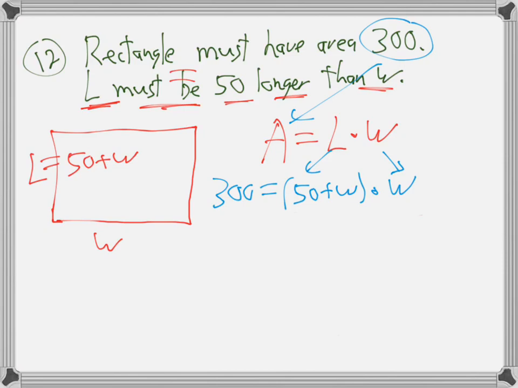So that would be W squared plus 50W minus 300 equals 0. Yeah. So then we use the quadratic formula. So distribute. 50W plus W squared. Good.